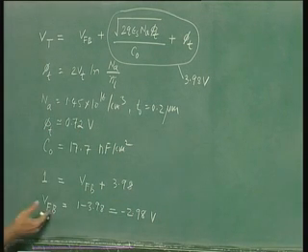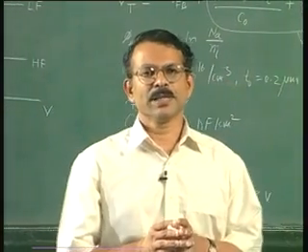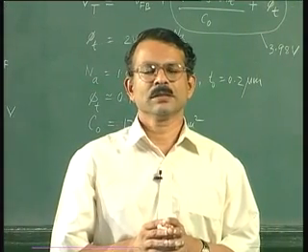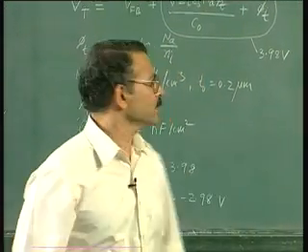Now we need to see how we can explain a flat band voltage of this value. So the flat band voltage formula is given by phi ms minus Qf by C naught.